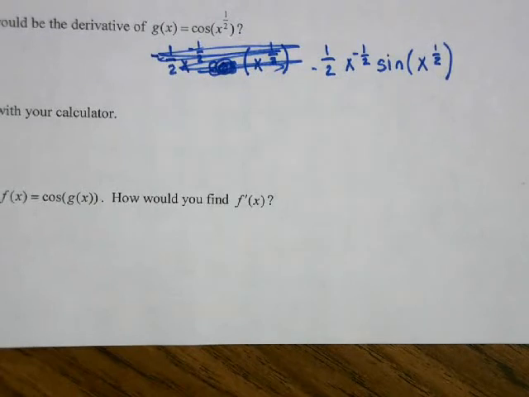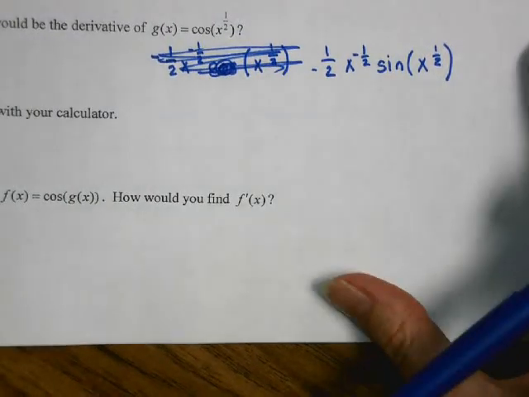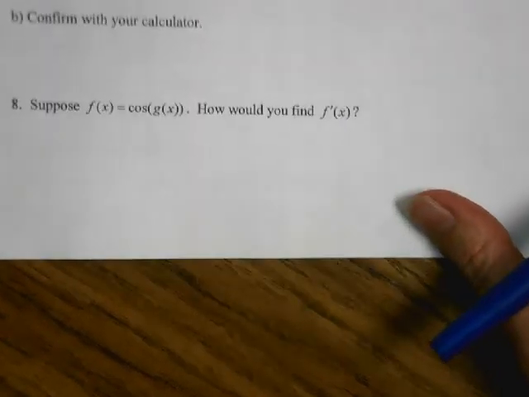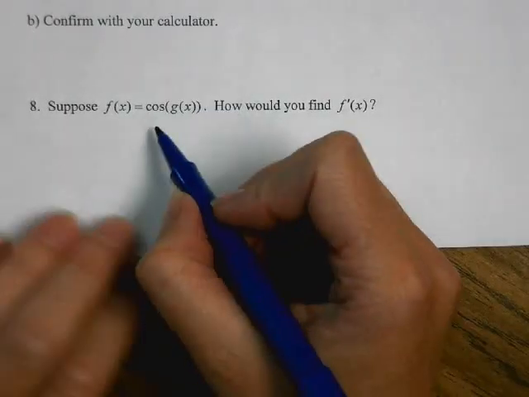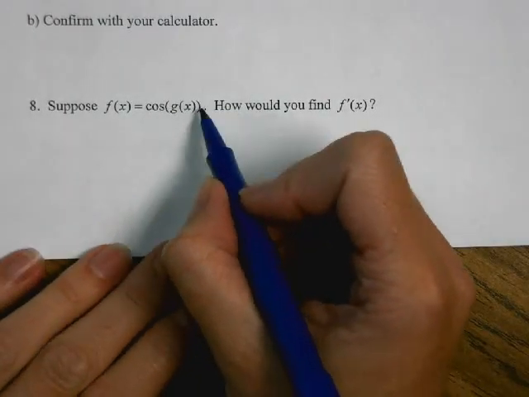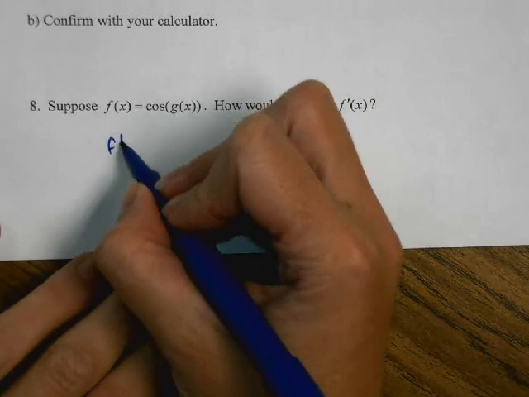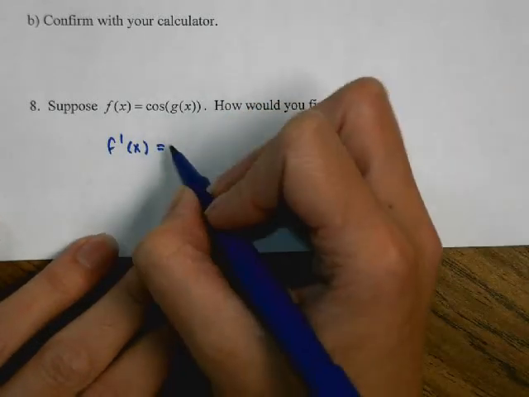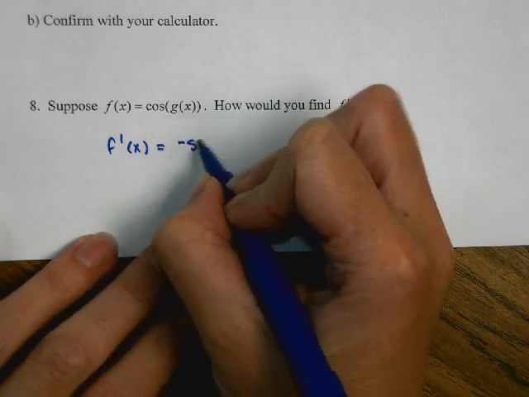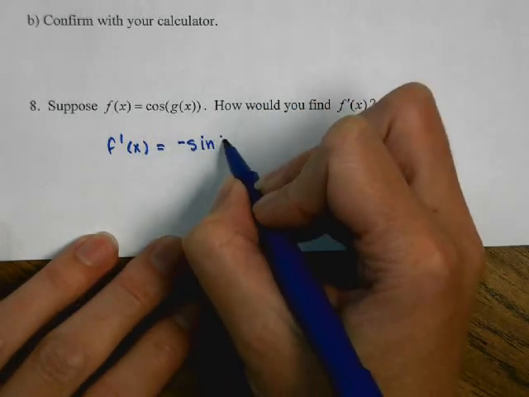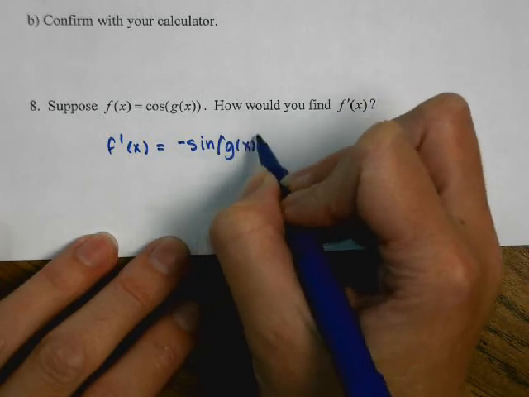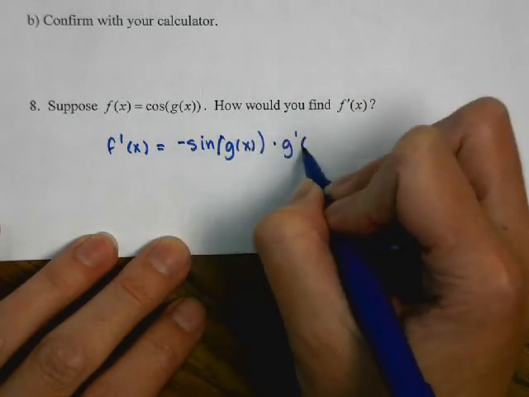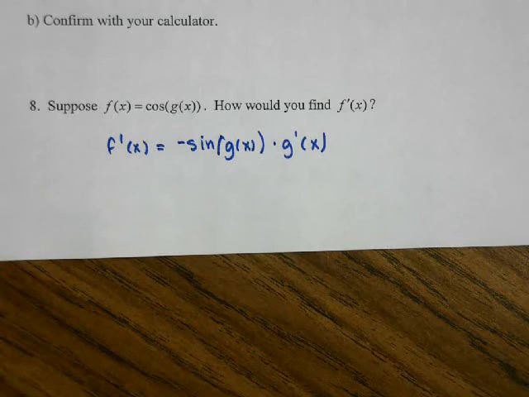You can graph it to confirm. But the conclusion here is, if I had cosine of g of x, my derivative is going to be negative sine of g of x times whatever the derivative of that inside part was. And this is your quick introduction to the chain rule.